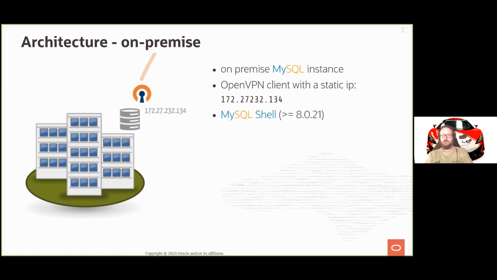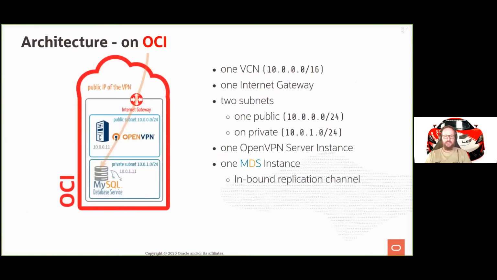Then this was on-premise, and on OCI, we will have this big VCN, right? Which covers 10.0.0.0/16. Then one internet gateway, two subnets in that big range, one public, 10.0.0.0/24, and one private, 10.0.1.0/24. Then we will create an OpenVPN server instance.